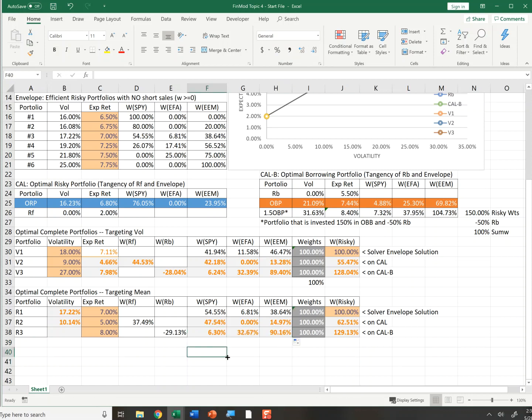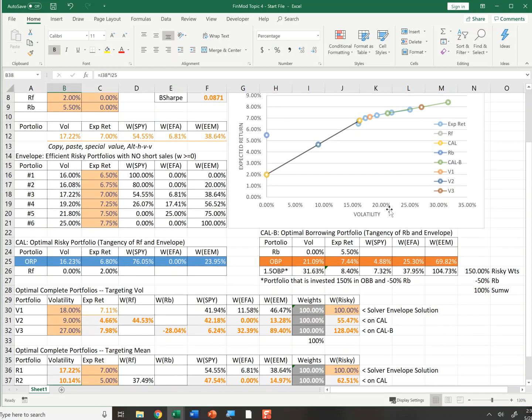So I tell my client if they had $100 to invest, borrow another $29 at 5.5%, and take that $129 and invest 90 into EMA, 33 into EFA, and about 6 into SPY. And if I take my 129% of the volatility of this portfolio, that portfolio will have a volatility of 27%.